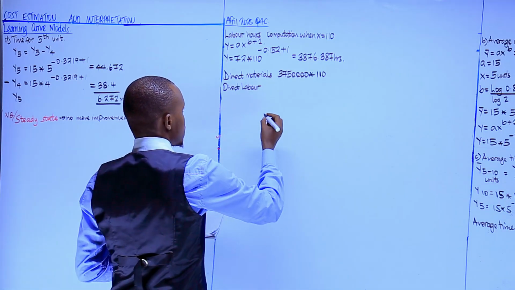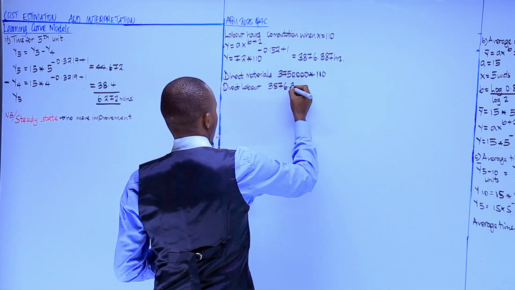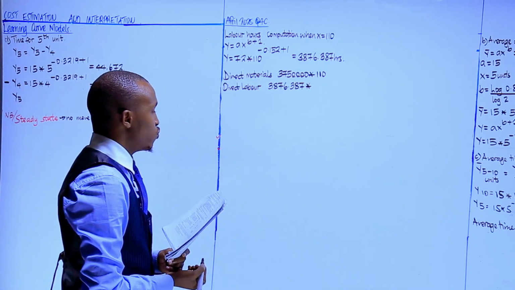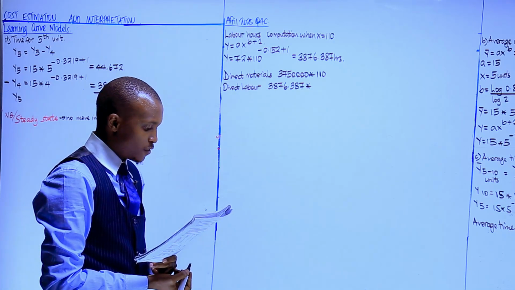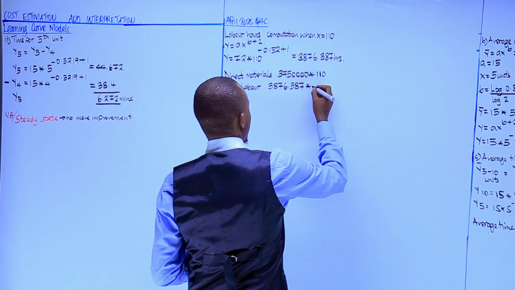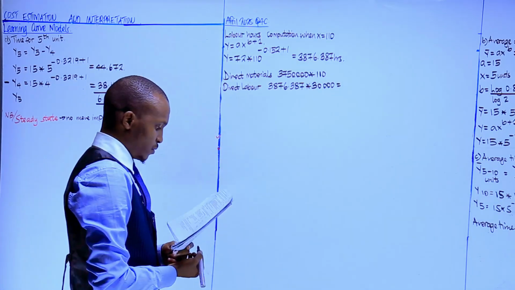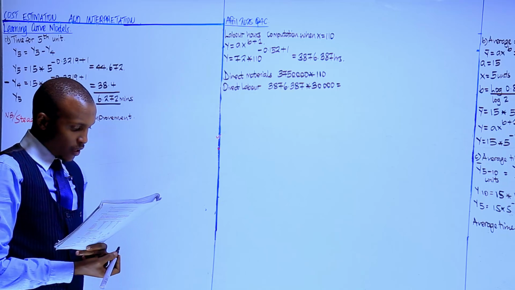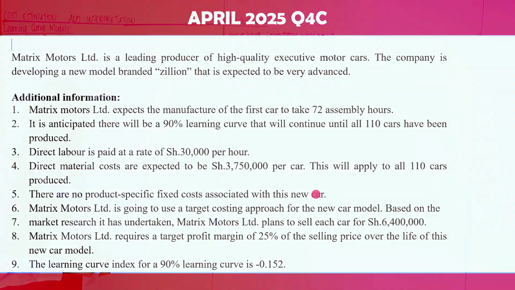Your labor cost will be 3876.387 hours multiplied by your labor rate per hour, which was 30,000. Then we identify whether we had any other cost. There are no product specific fixed costs associated with this car.